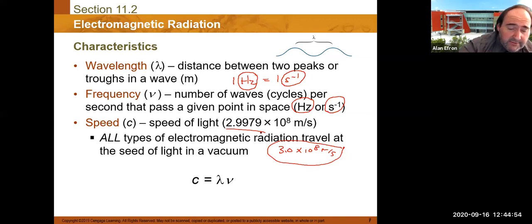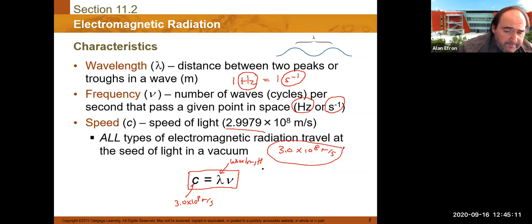And you could use these relationships to calculate things like wavelength or frequency using this formula here. So C is the speed of light, which is our 3 times 10 to the 8 meters per second. This is our wavelength in meters. This is not a V, it's actually a nu.